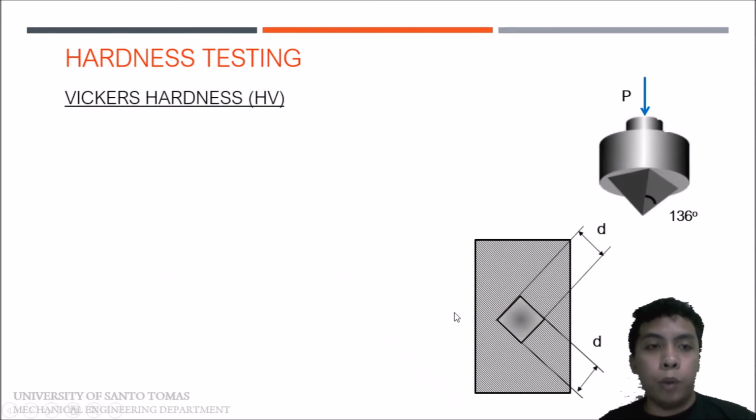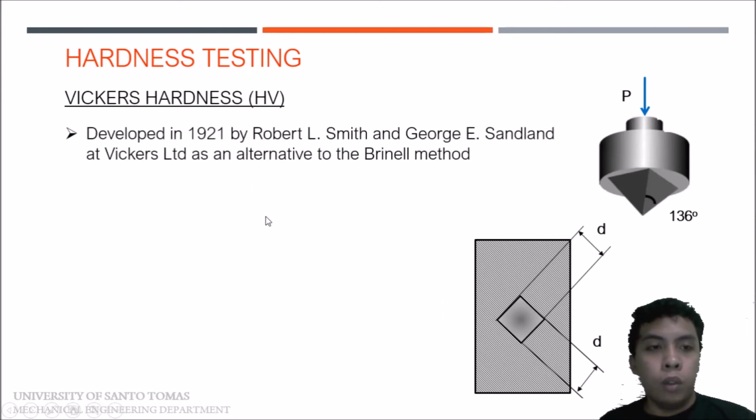Next, example of hardness testing using indentation is Vickers hardness or HV. It was developed in 1921 by Robert L. Smith and George E. Sandland at Vickers Limited. So, ito yung company nila, no? Hence the name of Vickers hardness. Ginamit nila to as alternative to the Brinell method.